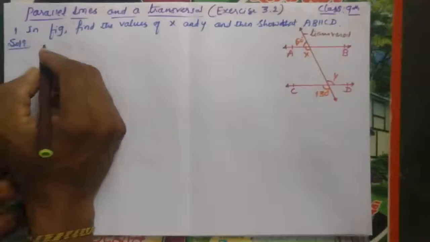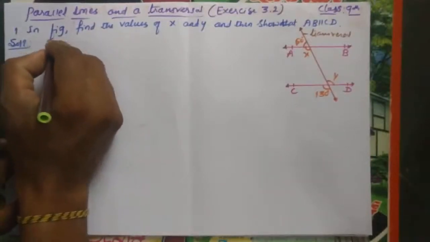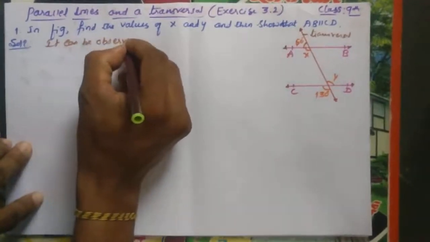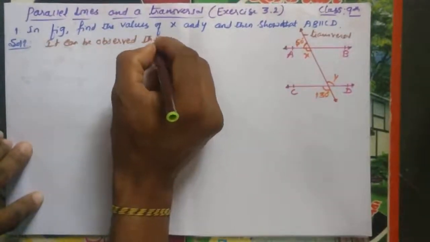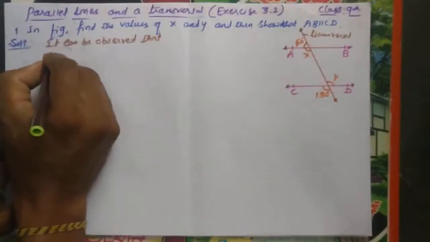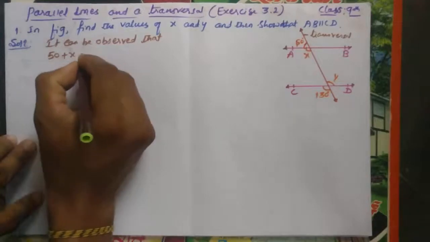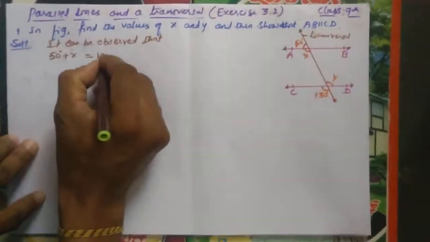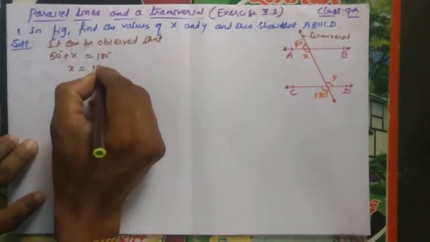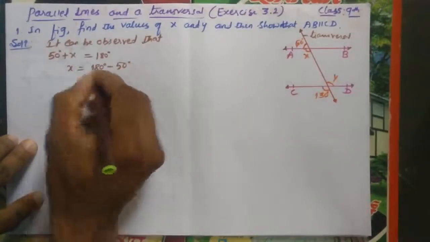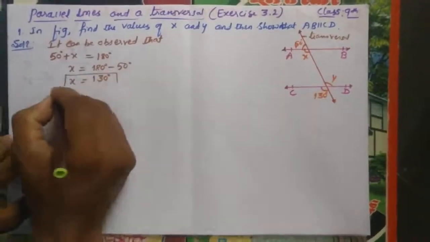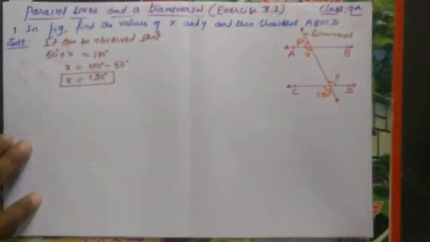Let us see the solution. It can be observed that 50 degrees plus x is equal to 180 degrees. Then the value of x is equal to 180 minus 50, that is 130 degrees.